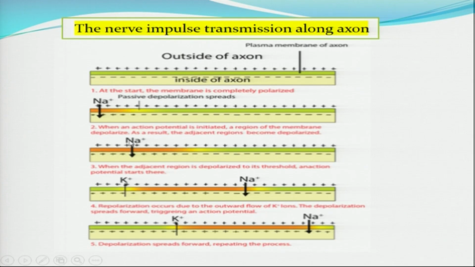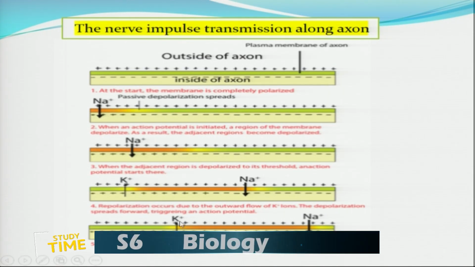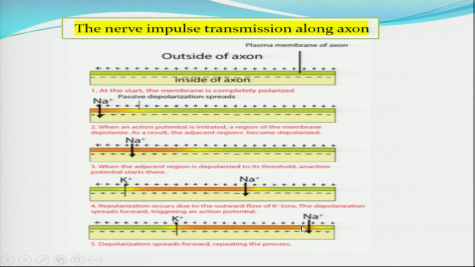So the sodium ions continue to do what? To get inside. And then potassium ions also will go outside. And then finally, you see what will happen here. Potassium now can get in, then sodium also, so that this membrane can be polarized again.